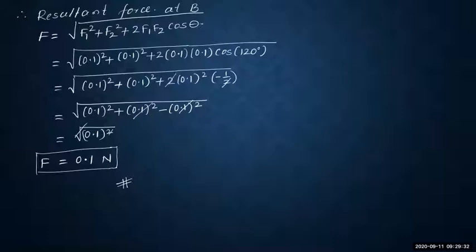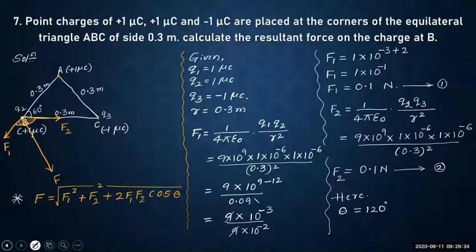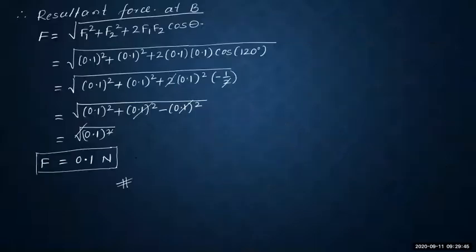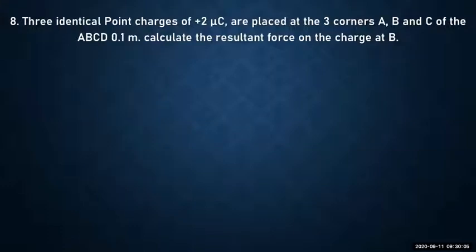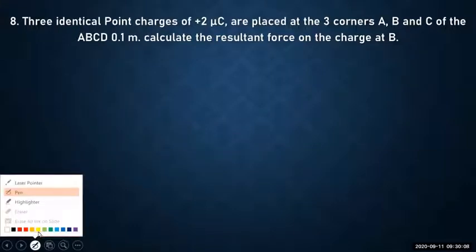So the resultant force is 0.1 Newton, and see how it is. What is its direction? Its direction will be parallel to this AC. Okay, parallel to this AC. Therefore, it is written as 0.1 Newton parallel to AC. Right? Hope you got this. So remember this formula. This formula is very, very important. Resultant force formula. Now, after understanding the problem of resultant force, let us continue with it.